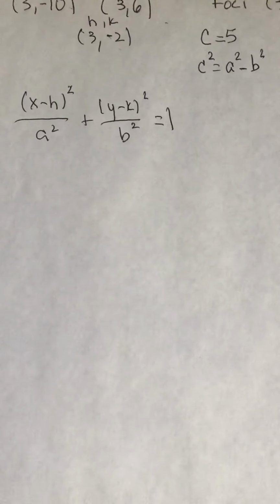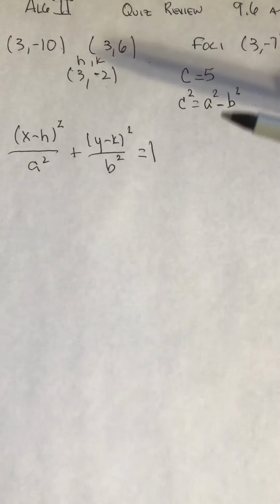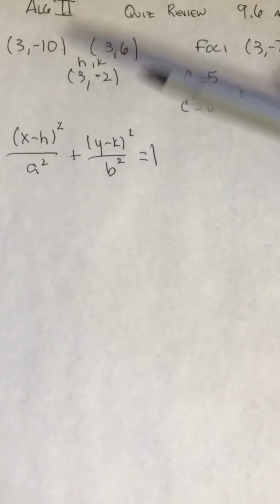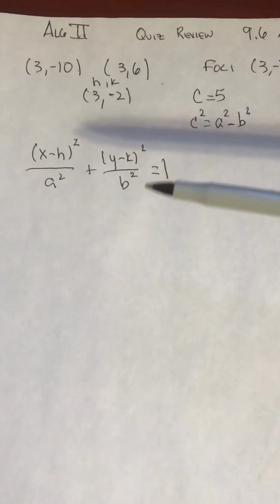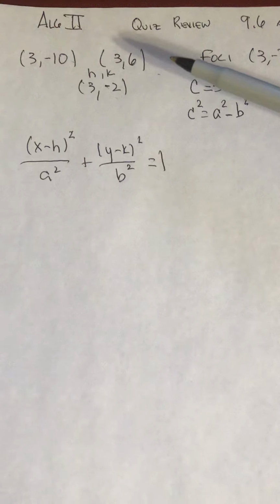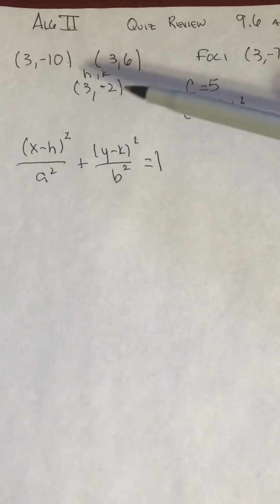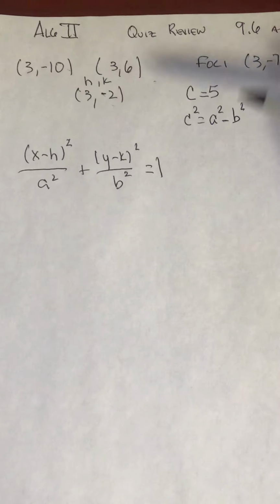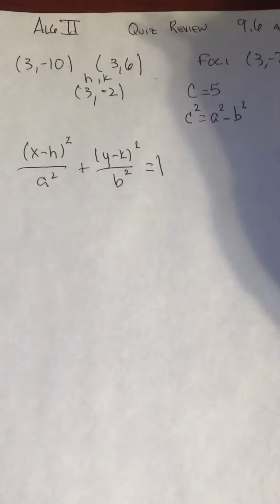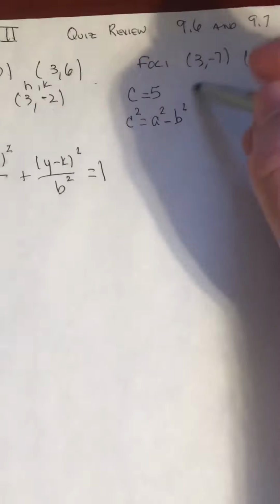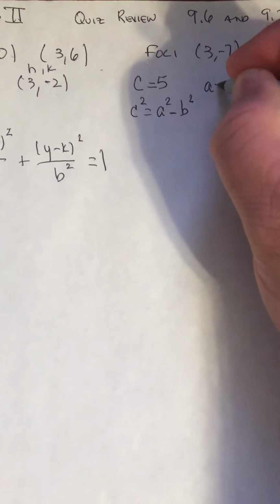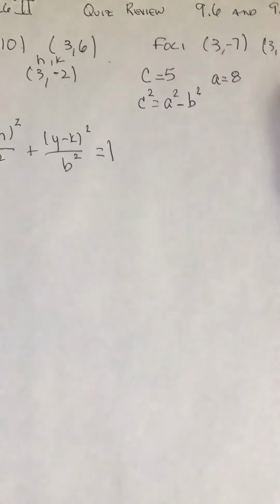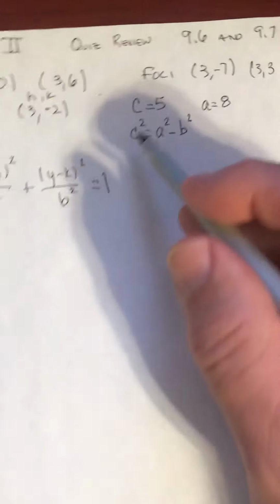All right. Now the A value is the distance from the center to a vertex. How far is it from -2 to -10 or from -2 to +6? That's a distance of 8 units. So my A value is 8. To find my B value, I solve this equation.